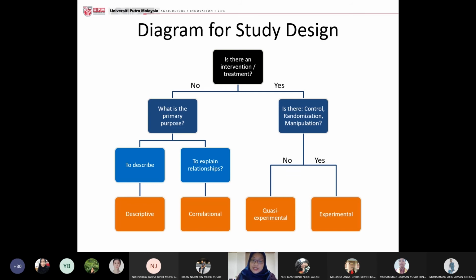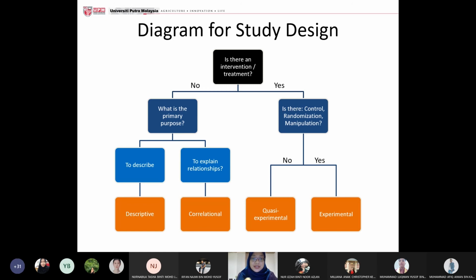If not, then think about what the primary purpose is. Okay, are you just going to describe the situation, or do you want to try to explain a relationship? From the titles that you guys have, I see a lot of people are doing some sort of situation, okay, and the causes and the solutions.